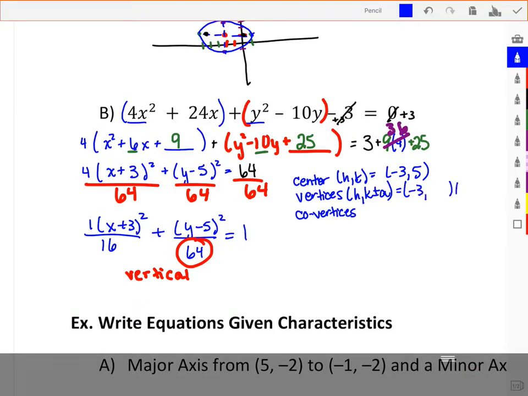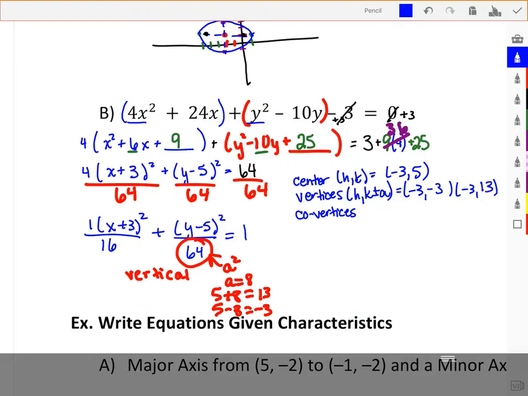So -3 is our h. Our a, we're going to take the square root of this 64, which is 8. And we do 5 plus 8 and 5 minus 8. So -3 and 13. So (-3, -3) and (-3, 13) are our vertices.